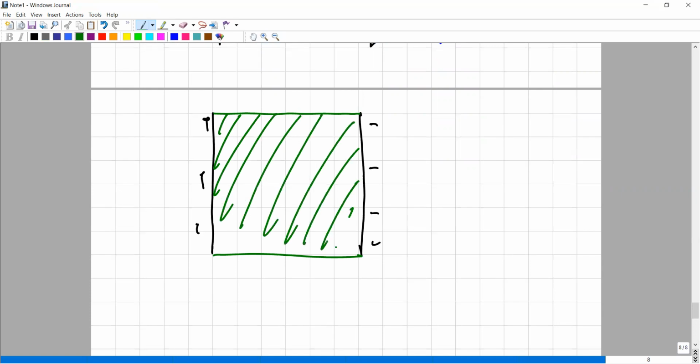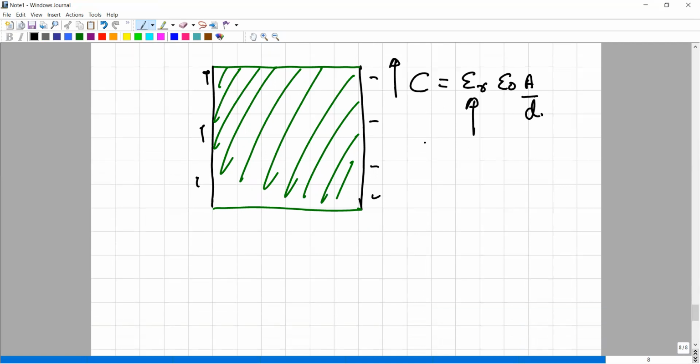So if I introduce this, the capacitance will become epsilon R epsilon naught A by D. The capacitance is going to increase by this factor of epsilon R, that is the relative permittivity or dielectric constant. So if you introduce a dielectric between the plates, then the net capacitance again increases.